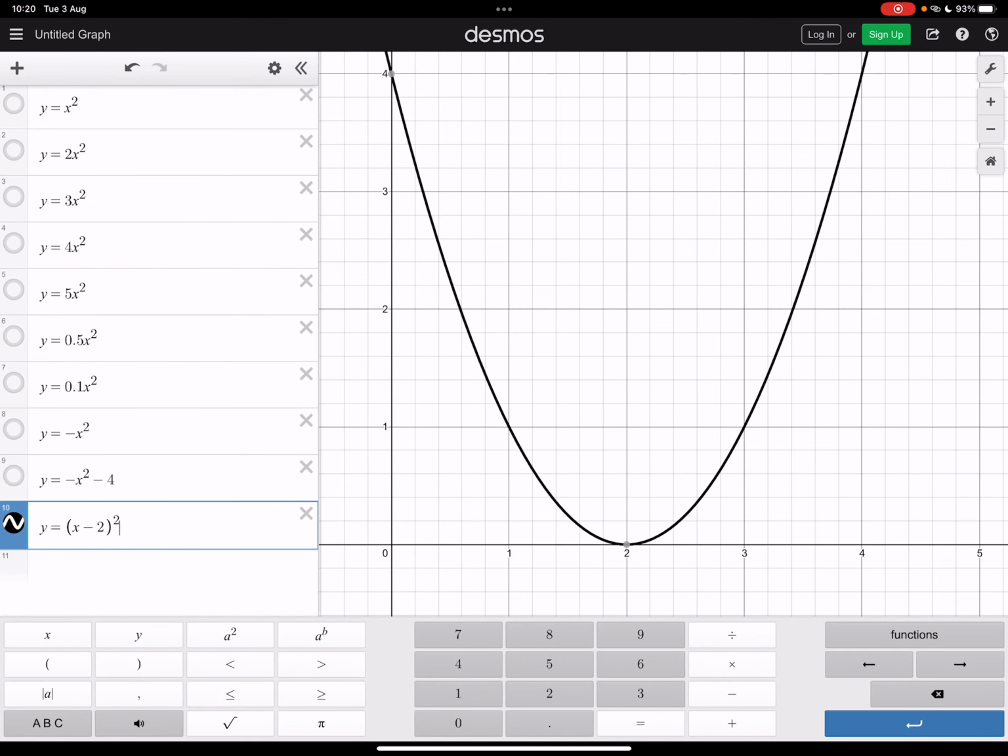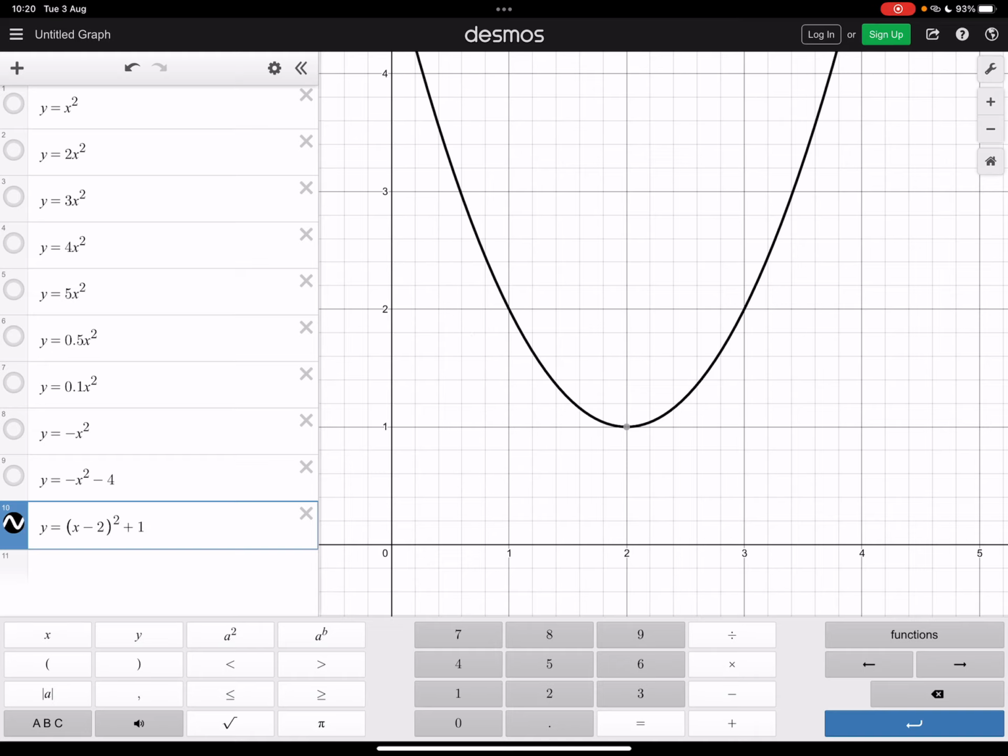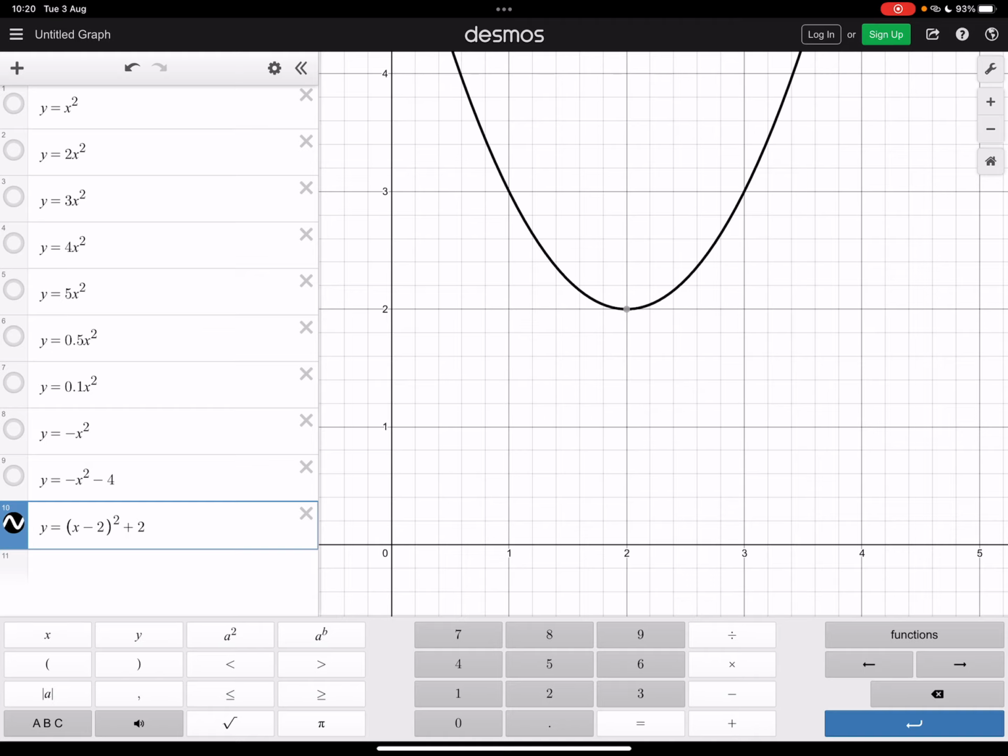If I go ahead and add 1, it moves it up 1 unit. What about 2? It moved up 2 units. What about 3? It moved up 3 units. Can you see the pattern here? Just like in the previous questions that we did, the number on the end indicates how far up or down you've gone from the origin.